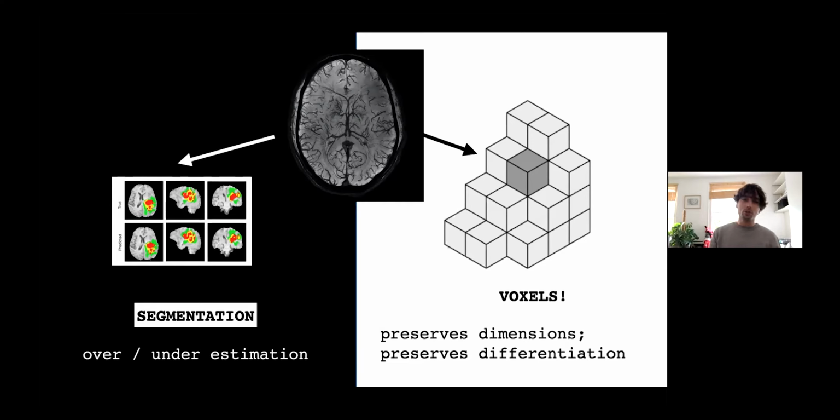So voxel printing, or at least converting the medical scans into bitmap images, would preserve all the fine differentiation you get with medical imaging. And it would hopefully preserve all the dimensions that you get as well.